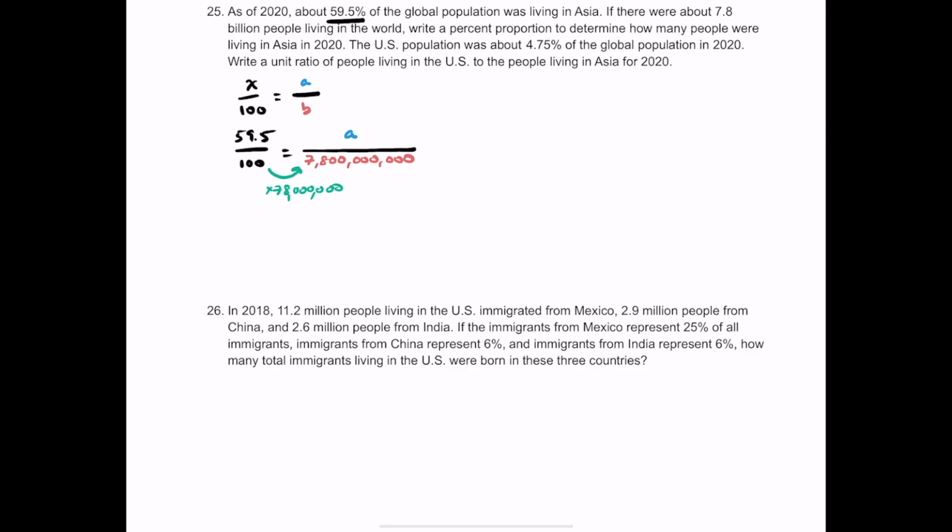So that's 78 million. So 100 times 78 million gets you 7.8 billion, or 7,800,000,000. It's a big number. So we're going to do the same thing on top. We'll multiply by 78. And you can go ahead and multiply that out. And if you want, you can pause the video to do that.